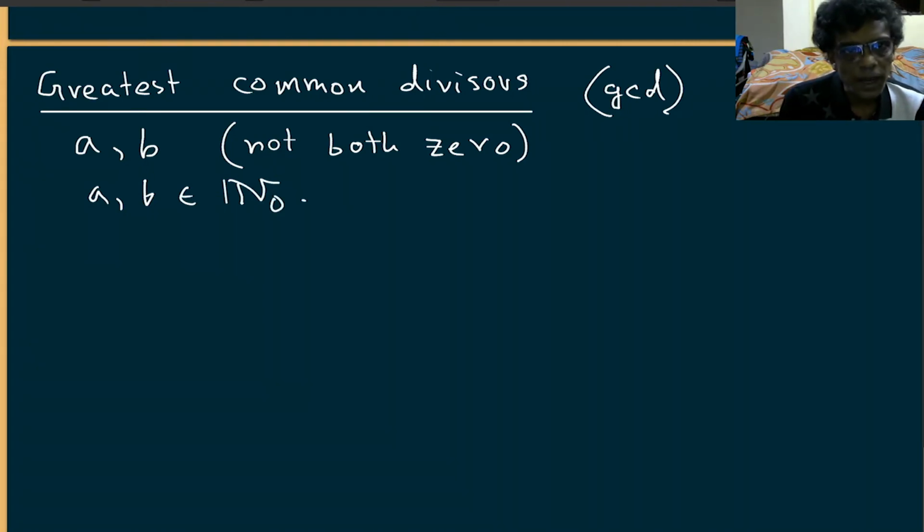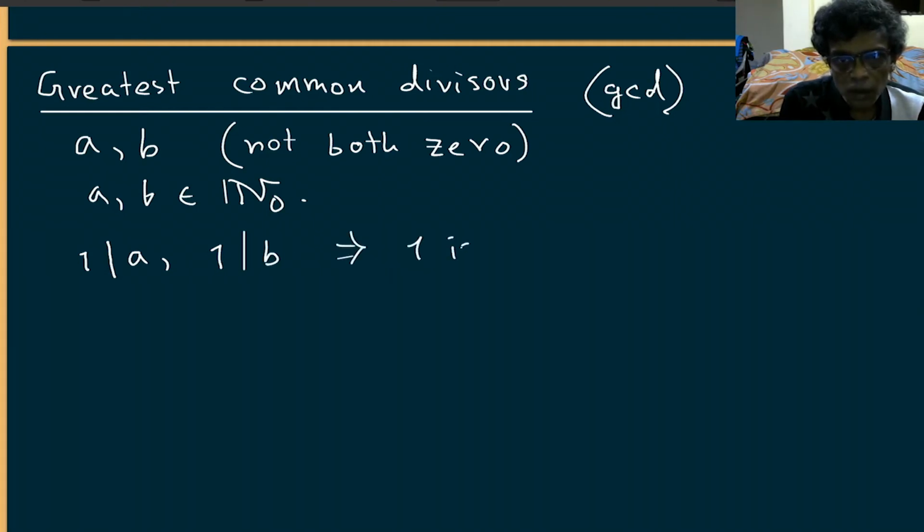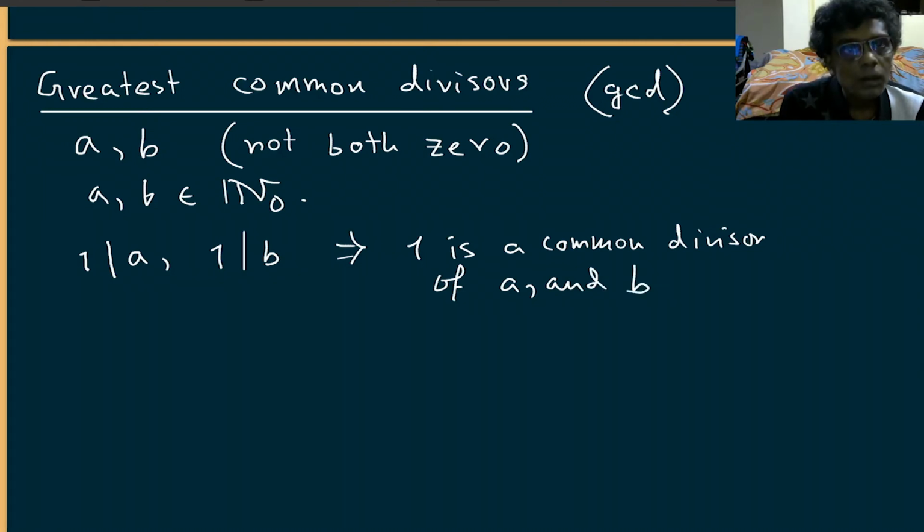Negative numbers we can handle, but anyway, for the moment let us not worry about negative numbers. Then we know that 1 divides any number, 1 divides a, 1 divides b, which implies 1 is a common divisor of A and B. Okay.